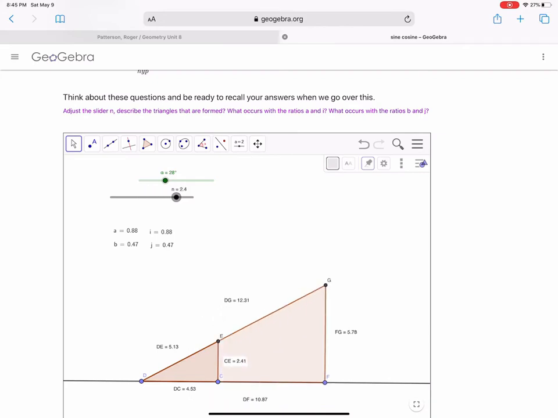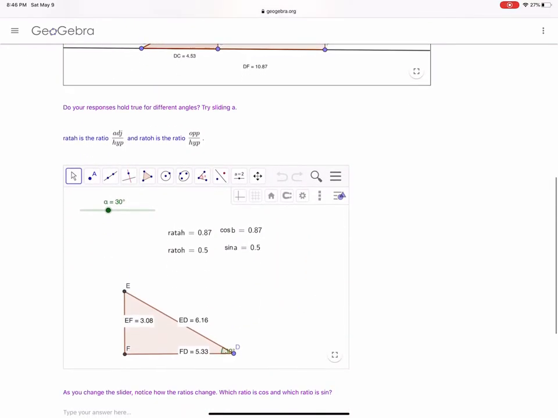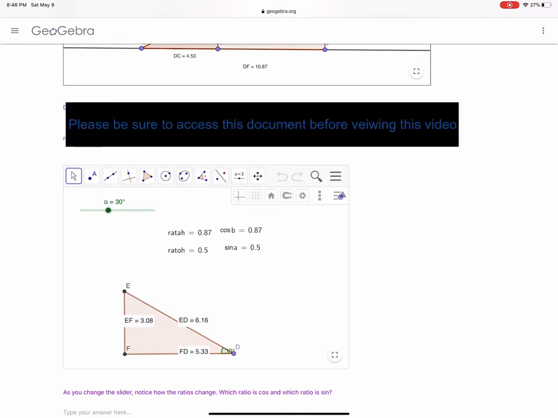Okay, so let's go down to here, and here are the ratios spelled out for us. It says the ratio is adjacent over hypotenuse, so that's from angle D. Everything's from angle D. So remember the adjacent side would be the 5.33 because it's next to it, and the hypotenuse is the 6.16.